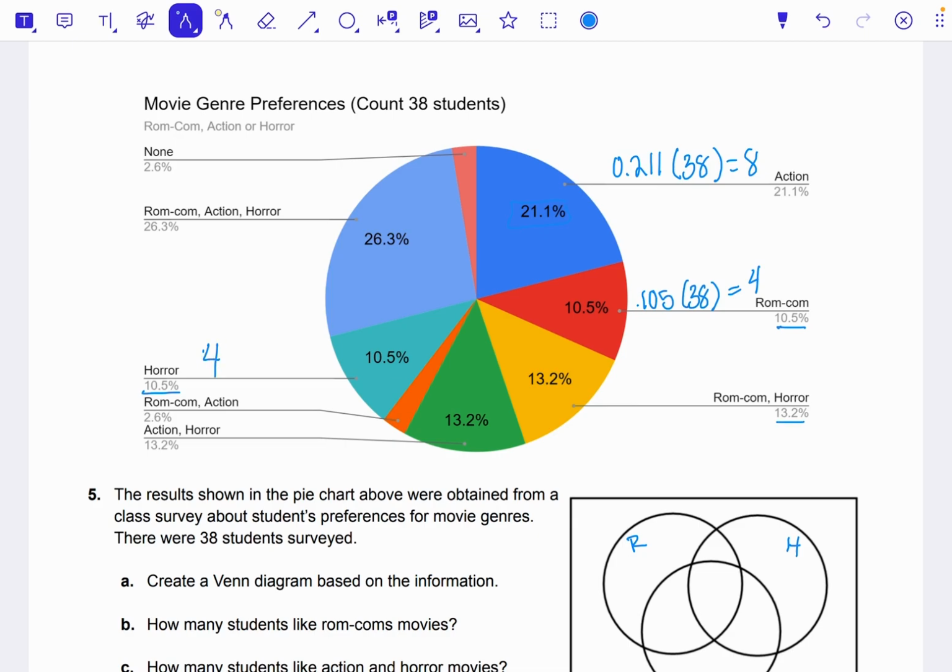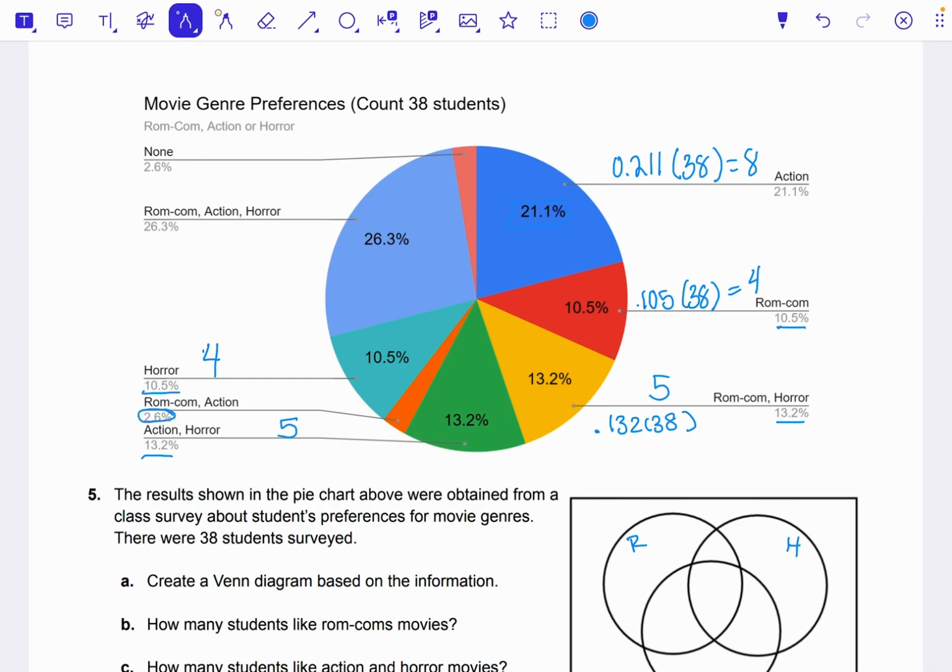I got my 13.2 and my 13.2. 0.132 of 38 comes out at 5, and so this would also be 5. We're just going to keep filling stuff in. So 2.6%.